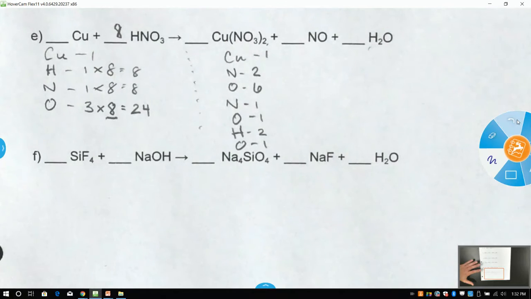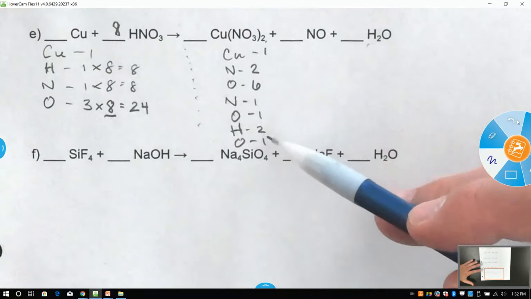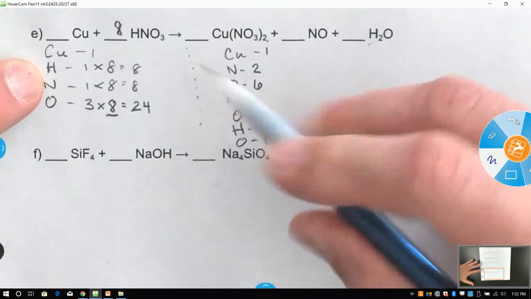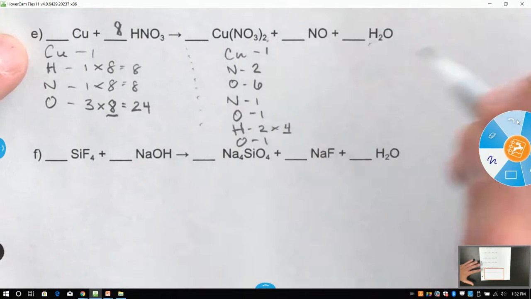If we're balancing the hydrogen, we only have this 2 over here. We have how many in total on the left side? We have 8. So what times 2 is going to give me an 8? 4. So we underline that 4.